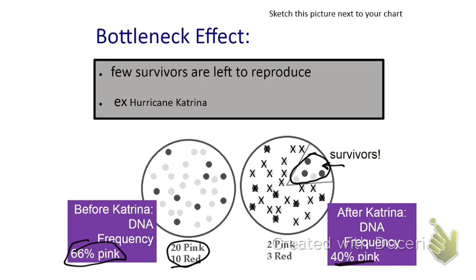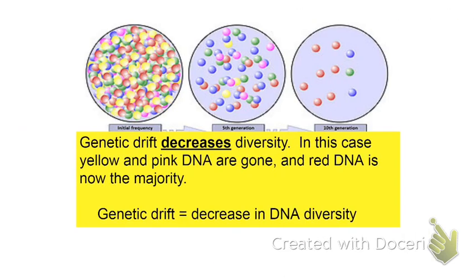So whether it's a bottleneck effect through a natural disaster or disease that drastically lowers the population, or moving to a different location, what they both have in common is starting with a really small population. And because genetic drift goes through a small population, it lowers genetic diversity. Why? Because you're only starting with a couple of individuals, and because there's not a lot of them, they don't have a lot of genetic diversity.